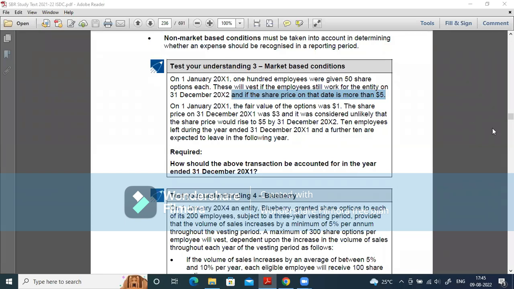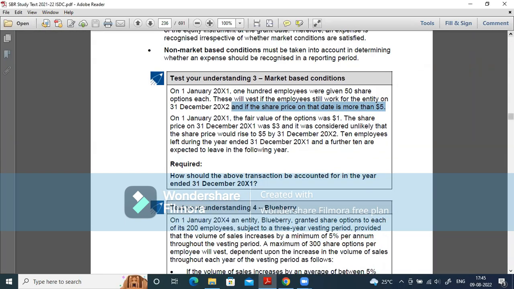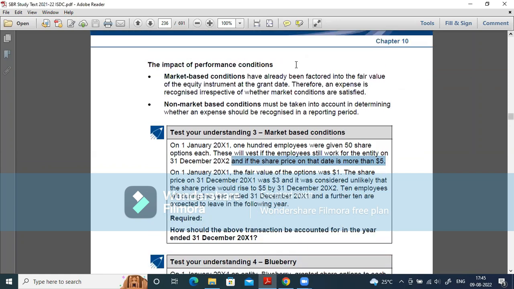Why should we not consider this? Let me show this point. Market-based conditions have already been factored into the fair value of the equity instrument at the grant date. So therefore, an expense is recognized irrespective of whether the market conditions are satisfied or not.